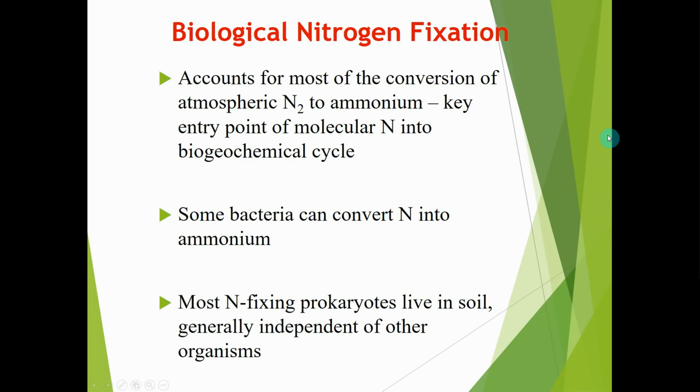You can get natural nitrogen fixation, or you can get unnatural. The unnatural will be the Haber-Bosch process, where we get our fertilizers from. And the natural way can be atmospheric nitrogen fixation or biological nitrogen fixation. And we're going to concentrate on biological nitrogen fixation.